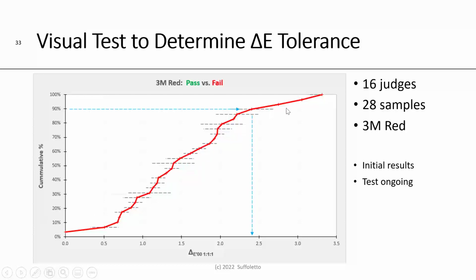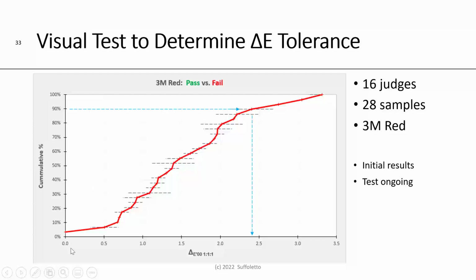Now this red curve is the fail data. Just think about this logically. If the delta E is low, you should have no fails. If the delta E is high, you should have a lot of fails. People don't disagree when things are the same. People don't disagree when things are different. People disagree in this area here.